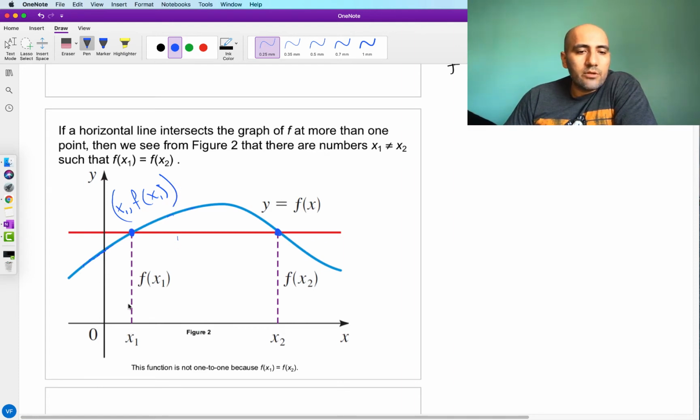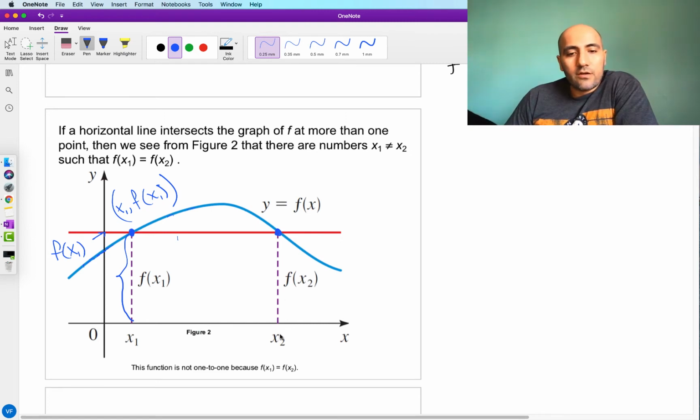Right? So the input is x sub 1, and the output is f of x sub 1. It's equal to this height right here. F of x sub 1 is that height right there. It's this height along the y-axis.